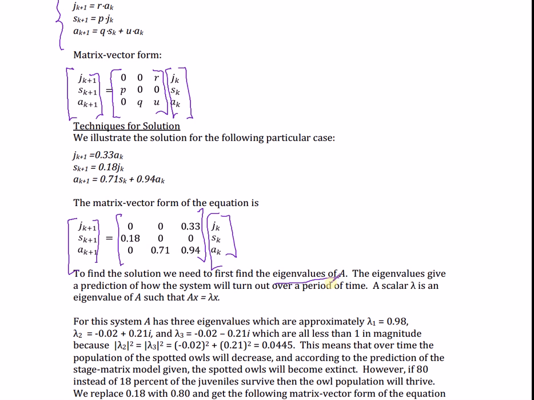In this case, you can use Wolfram Alpha or some other method to find the three eigenvalues. It turns out that one is real and two are complex. Now, we saw complex eigenvalues before, and that gives a behavior that makes the system rotate around.